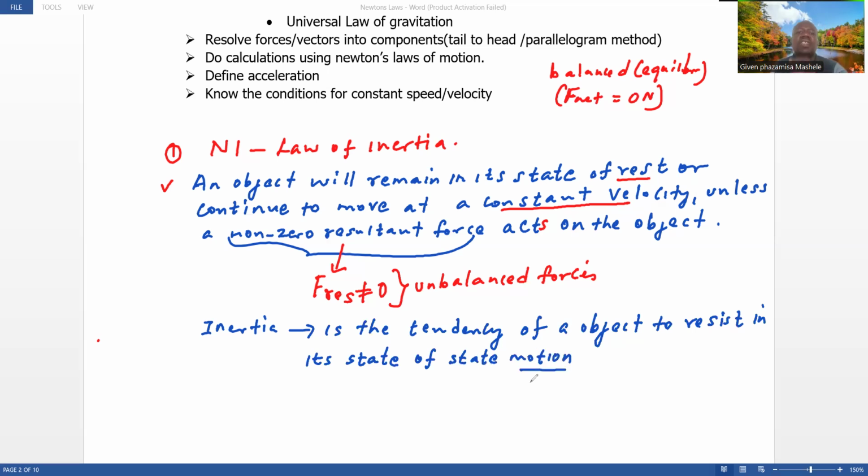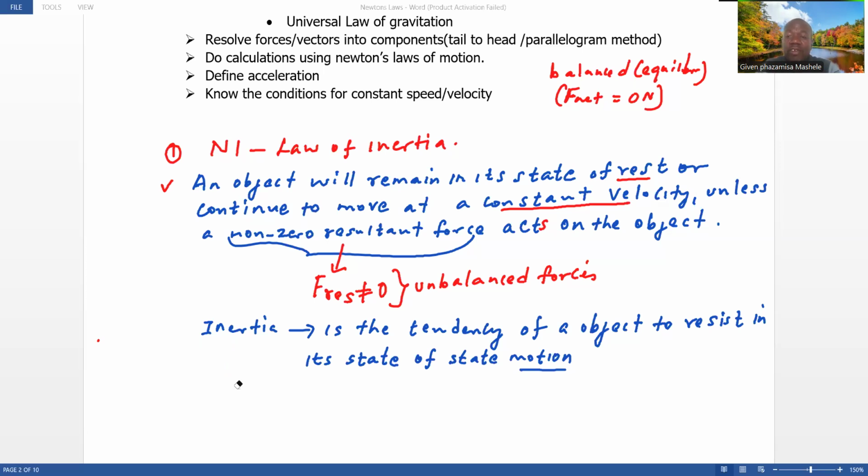So this is called the law of inertia, and this inertia is affected by mass. The mass of an object is what causes this inertia.